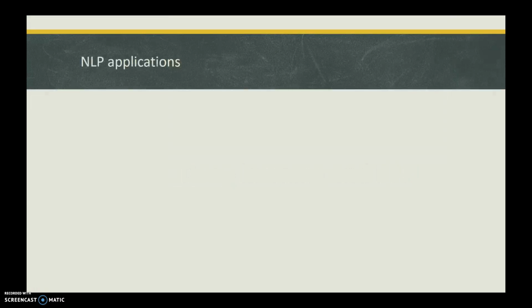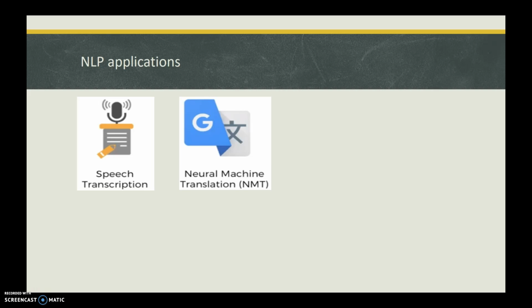As you have known, natural language processing applications have been considered to be a growing aspect of the giant technology. You can see the speech transcription is meant to convert the speech to the text.